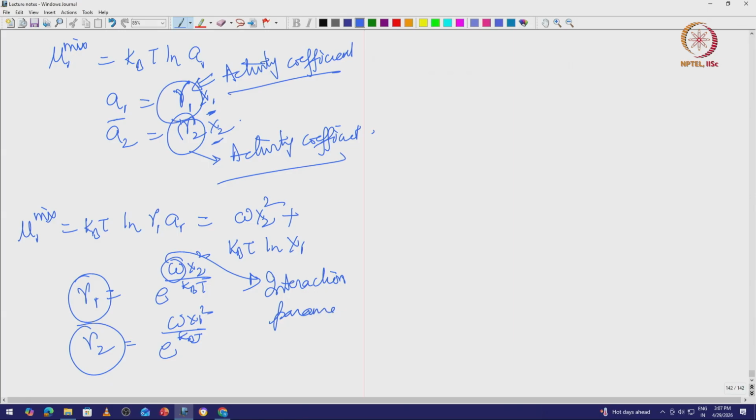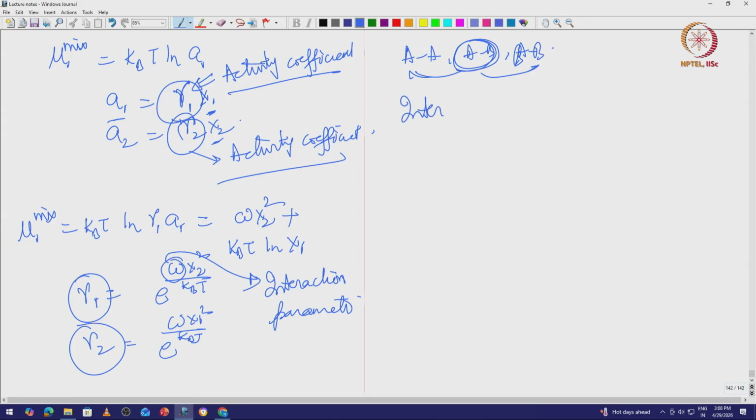Now, why is it called an interaction parameter? So, in some vague way, if A and B are, earlier in the ideal solution case, A and B are agnostic to each other. A can mix with B or A does not need to mix with B. A can form a bond with A, A can form a bond with B, or B can form a bond with B, right. Now, how are A and B interacting and how is that interaction different from AA and BB? That defines what the interaction parameter is.